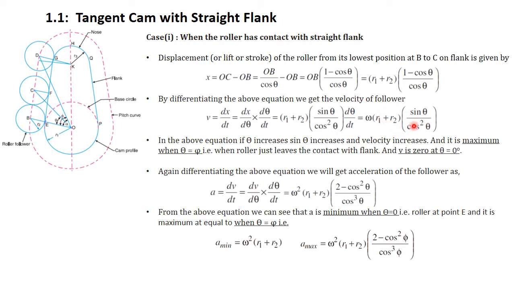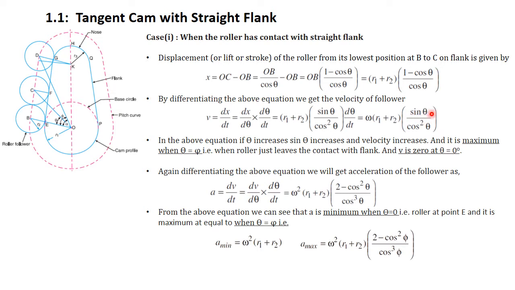Now if we observe this equation of velocity, we can see that ω is constant for the cam rotation, and r1 and r2 are also constant, therefore the variable is only θ, right?